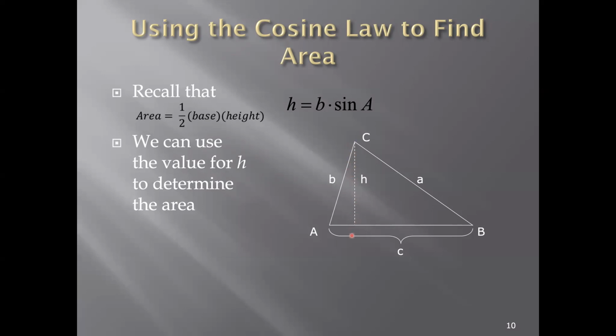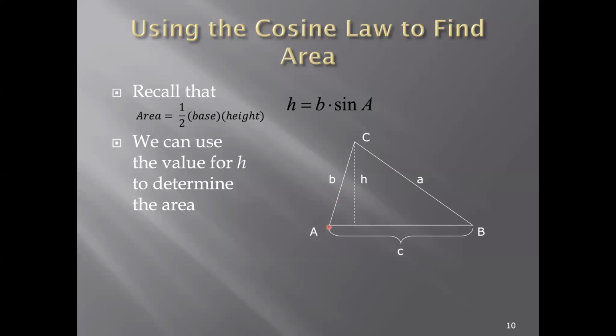By looking at the triangle, we can simply solve for the height using angle A and side B. Here, we notice that we have a right triangle. Therefore, we can use the formula for right triangle given angle A. So that will be sine A equals opposite over hypotenuse.